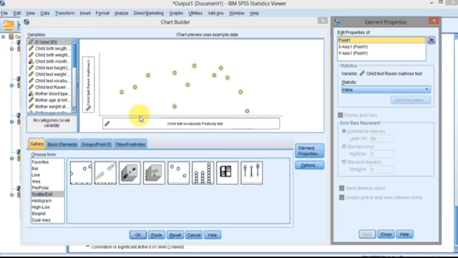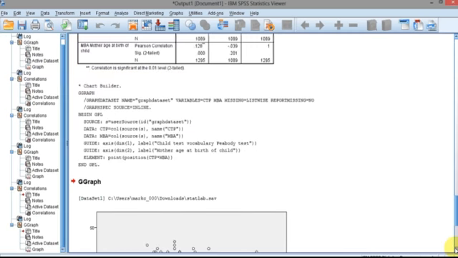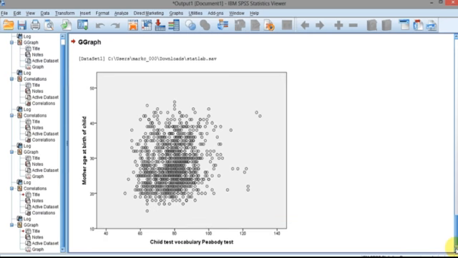on their vocabulary test. So let's just have a look at this graph. We'll put mother age at birth going up, and you can see it's not quite as strong a relationship, but you can see there's a general trend in the darkness of the circles piling on top of each other.